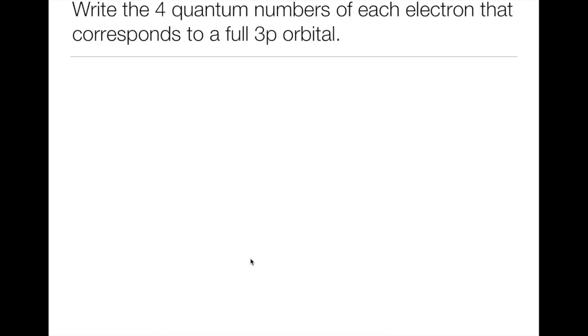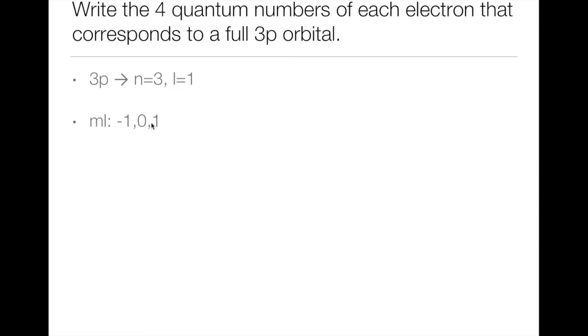Now, let's write the 4 quantum numbers of each electron that corresponds to a full 3p orbital. Let's look at a 3p orbital, how many electrons it can have. Let's make the groups. First of all, the 3p has n equals 3 and L equals 1. ml can take values between minus L and L, therefore the ml takes the values minus 1, 0, 1.